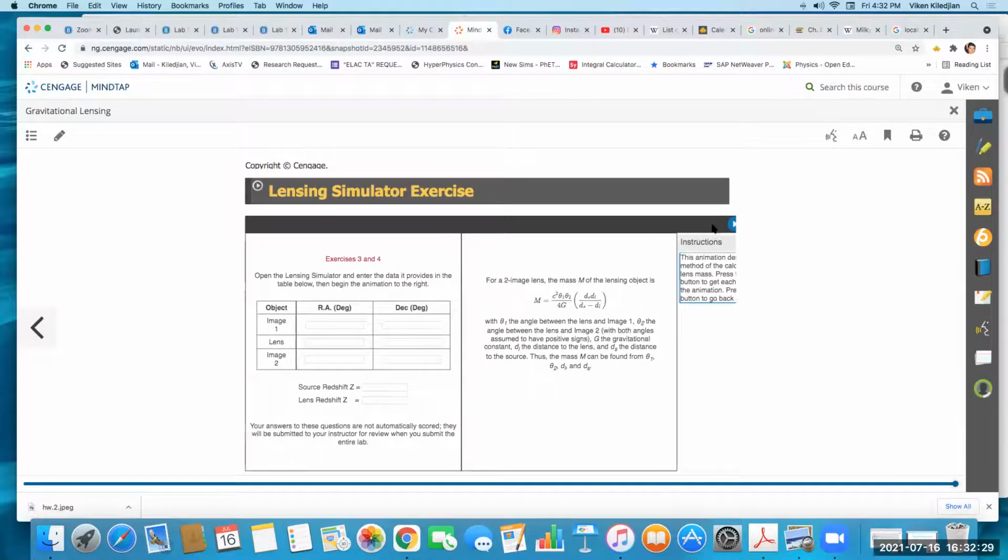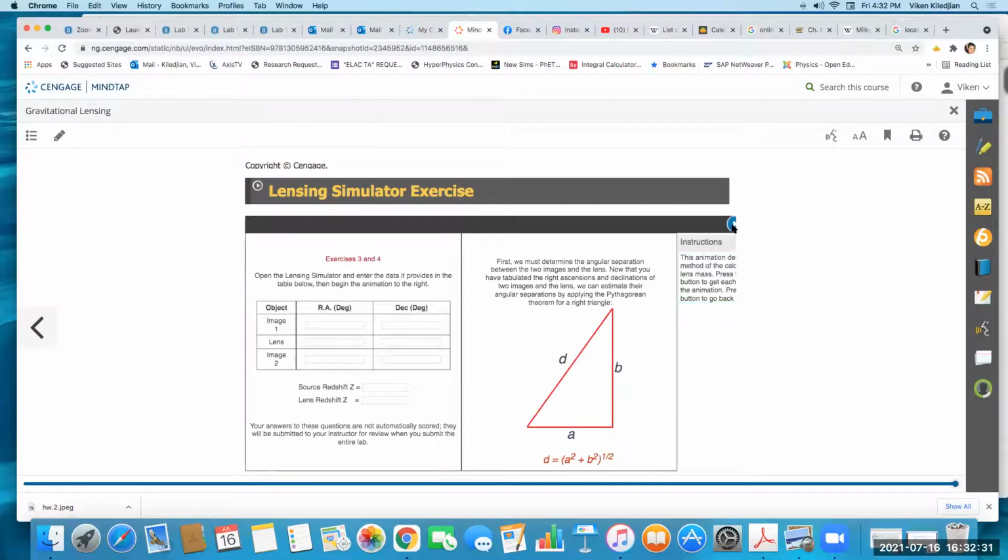First we must determine the angular separation between the 2 images and the lens. Now that you have tabulated the right ascension and declinations of 2 images and the lens, we can estimate their angular separation by applying the Pythagorean theorem for a right triangle.